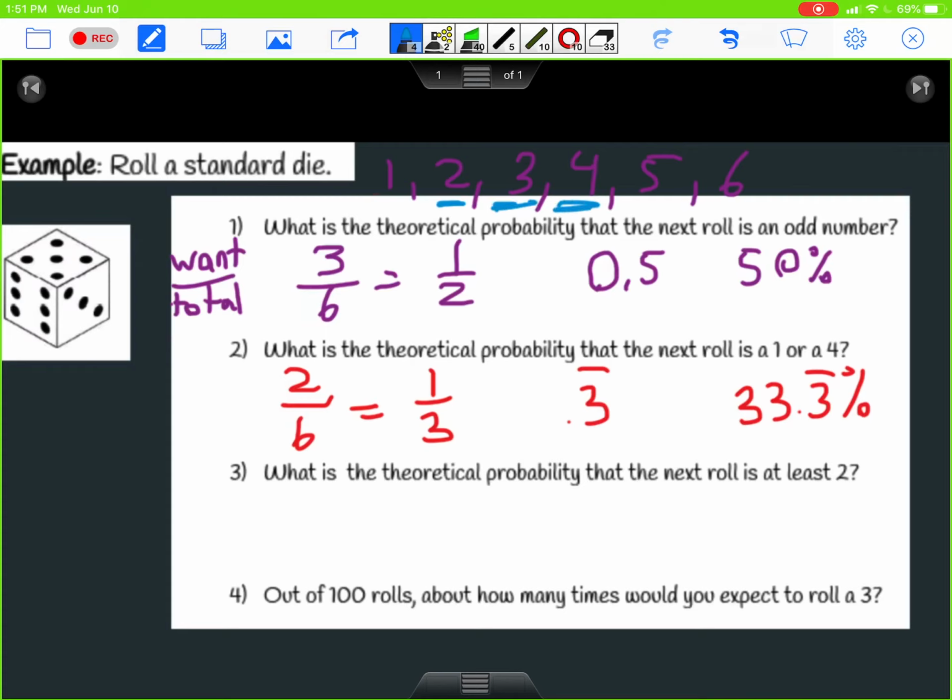So at least 2, I want 2, 3, 4, 5, and 6. That gives me 5 numbers I want out of the total of 6. The decimal for that is 0.83 repeating, or 83.3%. Very simple.